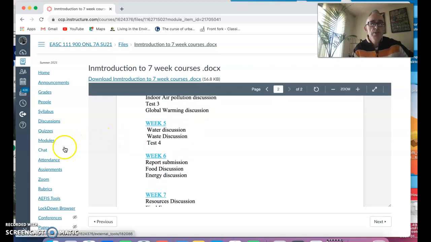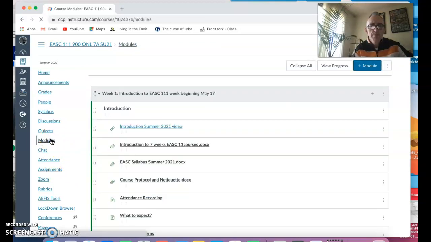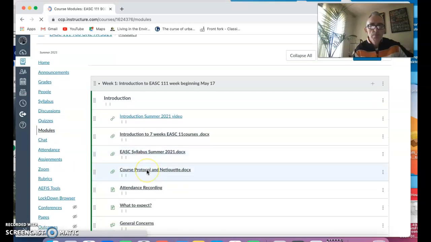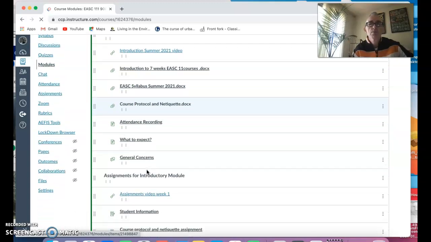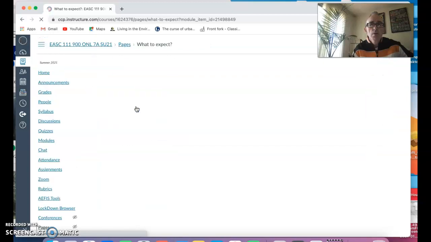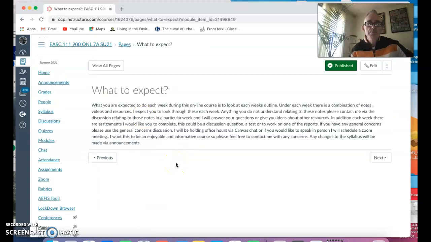Go back to modules again. If you go back to modules again, what you can also see is what to expect.